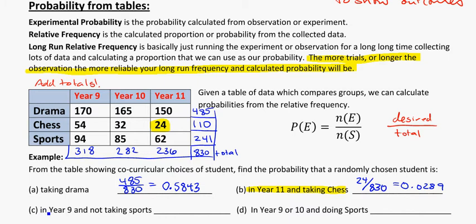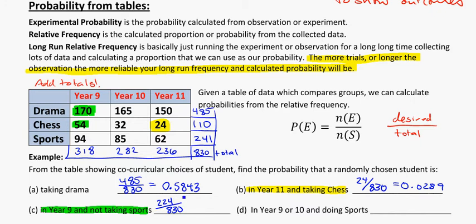Part C: we're looking for a student in year 9 and not taking sports. In year 9 and not taking sports means they must be doing chess or drama, but not sport. So here I'm going to have 54 plus 170, which gets you 224 out of the 830 students total.